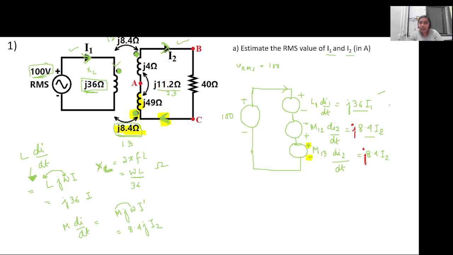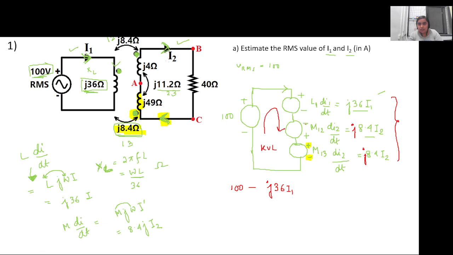So now that you have written all the voltage drops, you can apply KVL across this loop, right? So it will be 100. If you are moving in this direction, it will be j36 I1.